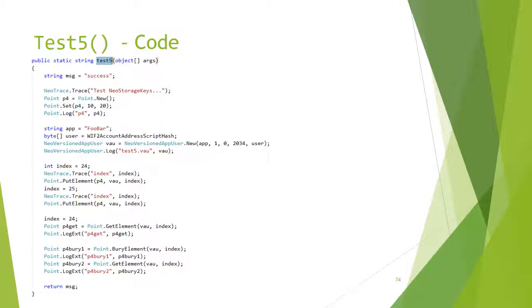So you can see that it's pretty clean and simple to use collectible keys at this higher level. We're going to put 24 at index 25 again, and then we're going to go down and do get element on those to get them back. And you can see that happen.